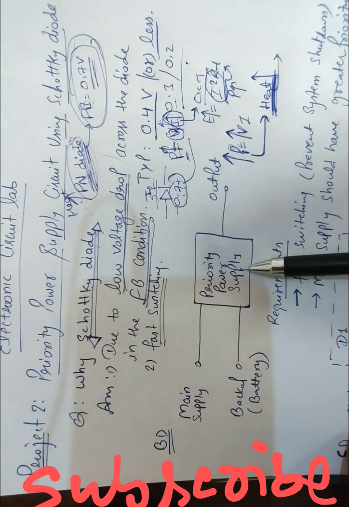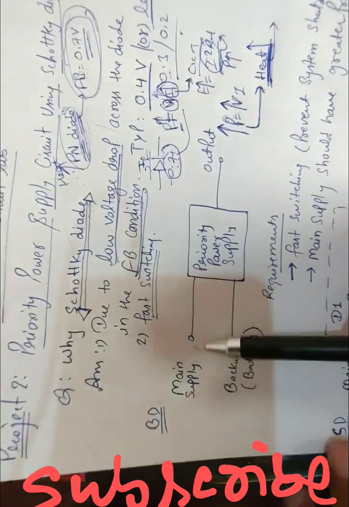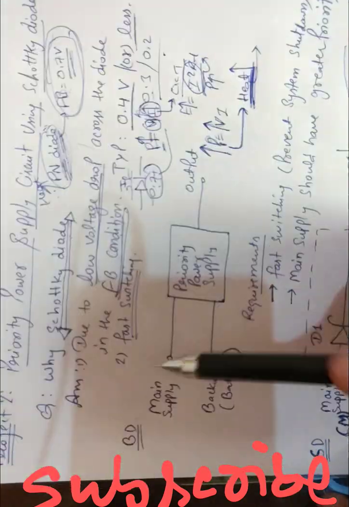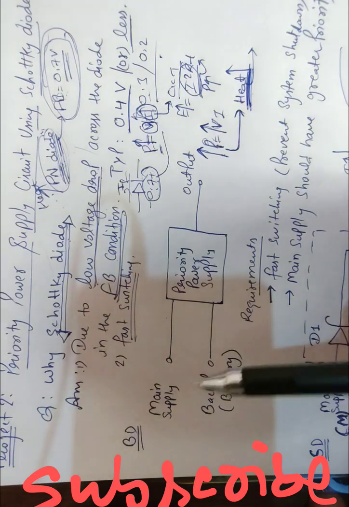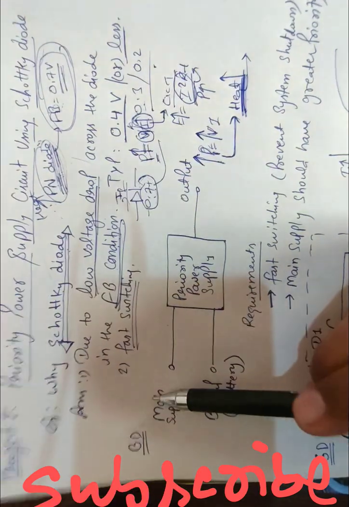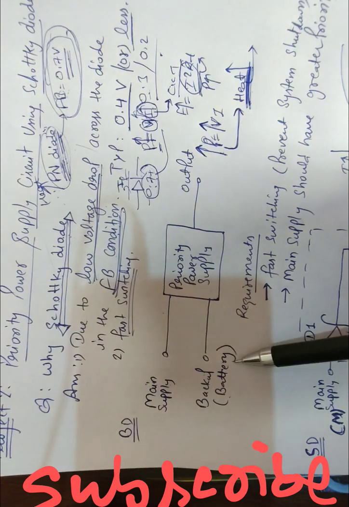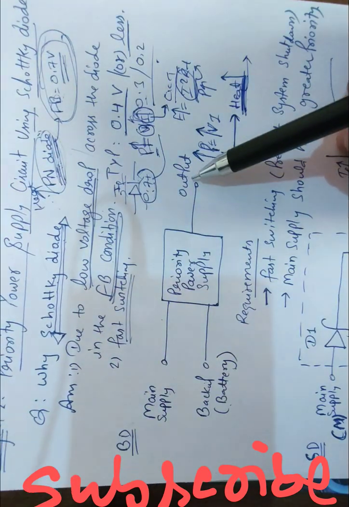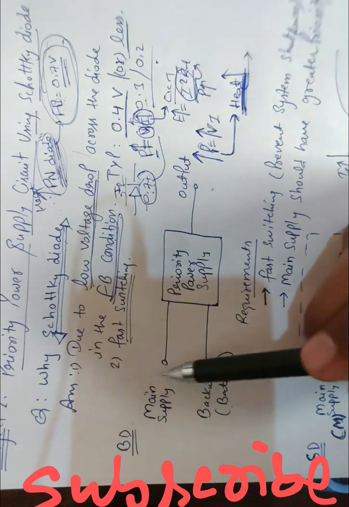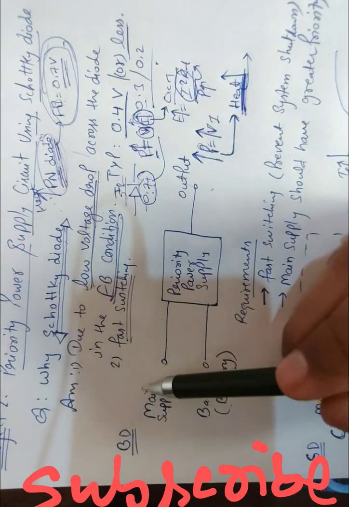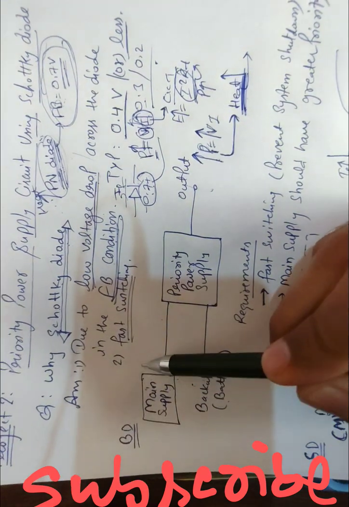Now this is the block diagram. This is what our project is. We have two power supplies, the main power supply and the backup battery, and your system will use one of them at a time, but you want the main power supply to have more priority.